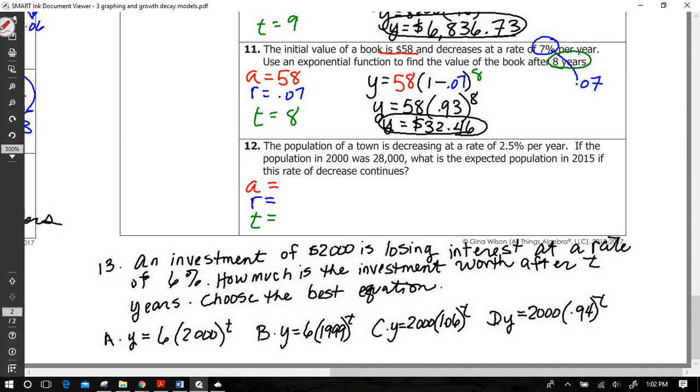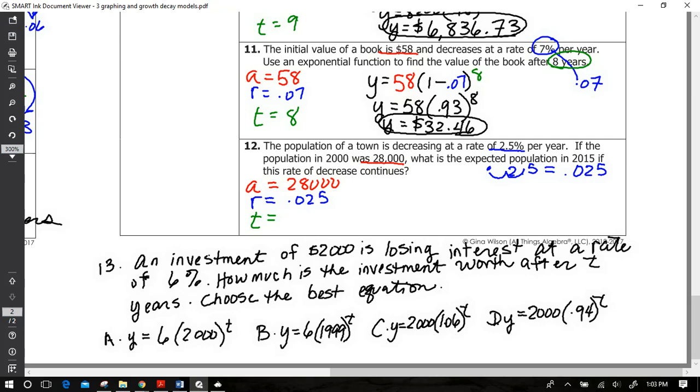And so your original amount should have been 28,000. The rate should be 2.5, so I need to move that decimal back 2 times. So I will use 0.025.